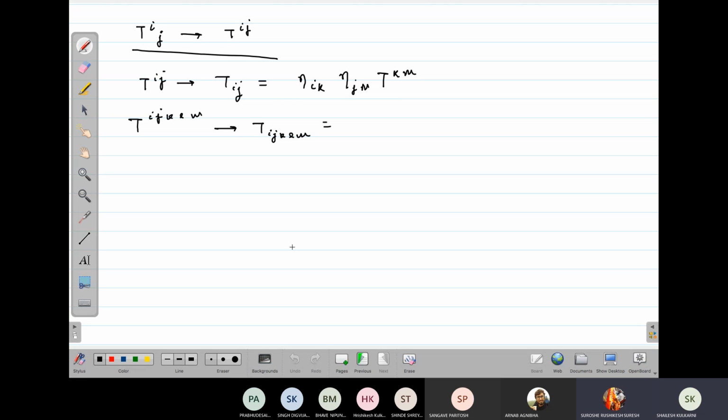Sir, how do the two metric tensors come in the first equation? Because I have to lower two indices now. Agree? What does it mean? Let me write it in an expanded form.